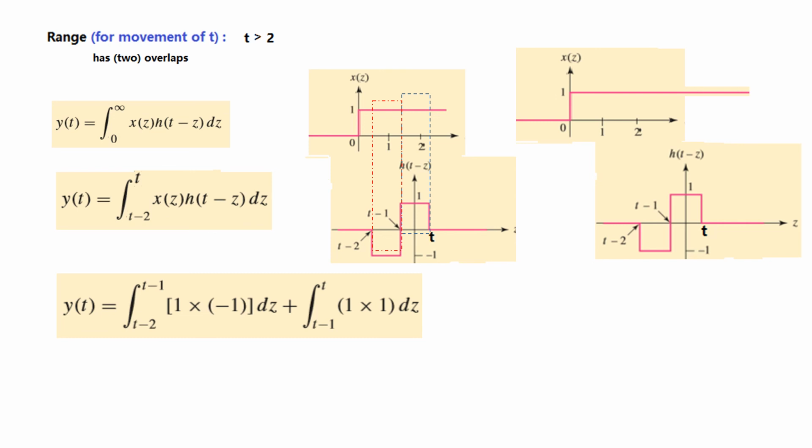And just like before, we multiply 1 by this minus 1, and here it is 1 multiplied by 1. Only the limit has changed from the previous slide. So we put the limits, and if we solve, its value comes to be 0. So for t greater than 2, the output is 0.